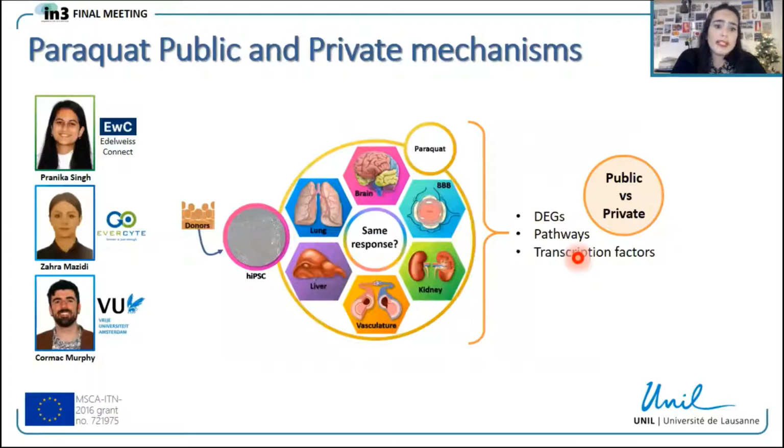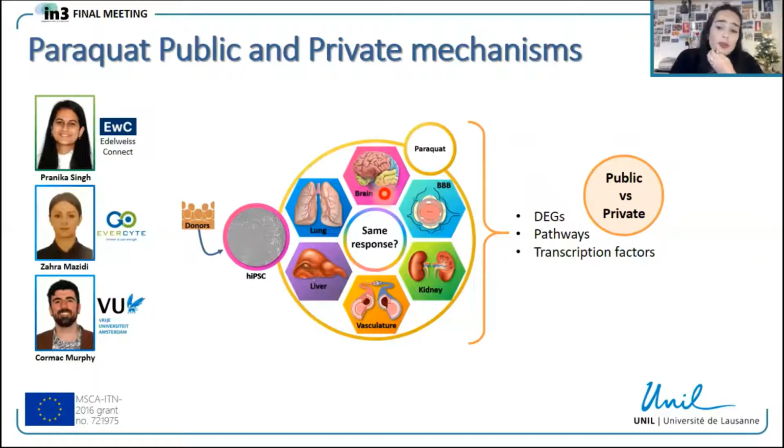And me, Pranika, Zara, and Cormac, we took advantage of the fact that we have all these models representing different organs that you can see here that were exposed to Paraquat, and samples were sent to TempoSeq as an opportunity to try to understand if the response to Paraquat of all these organs is in the same direction or not.